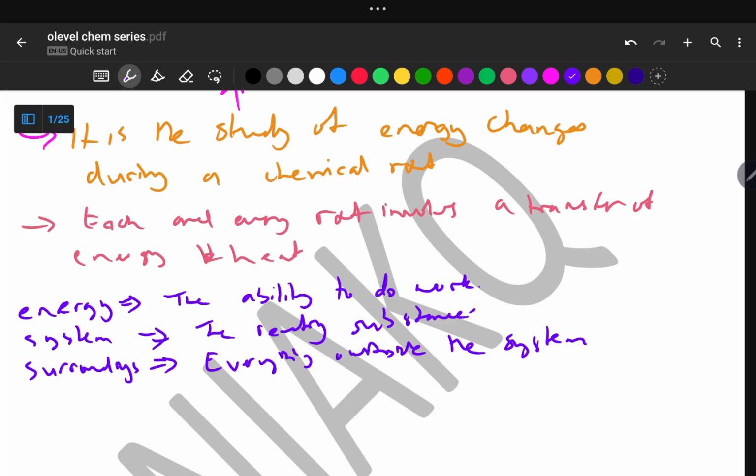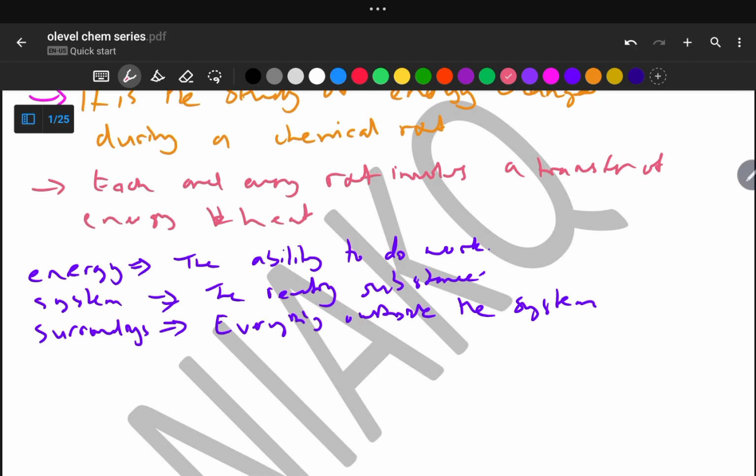And then we have the major term when it comes to energetics, which is the enthalpy. So enthalpy is defined as the heat change of a reaction, the heat change or the energy change of a reaction, right?